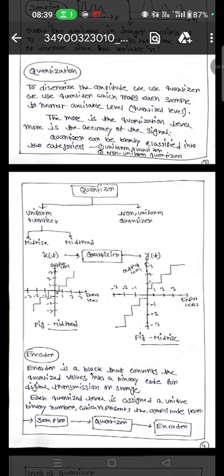Uniform quantizer can be divided into two categories. One is mid-rise and the other one is mid-tread. Here we can see clearly the mid-tread and mid-rise characteristics of the quantizer.